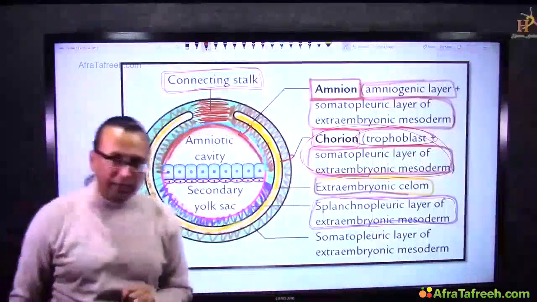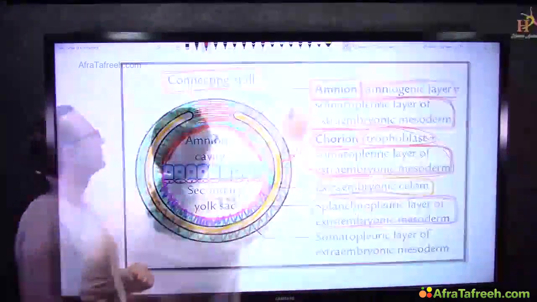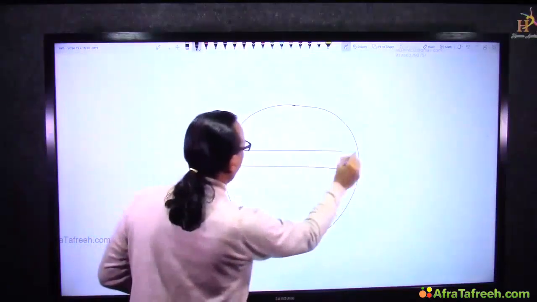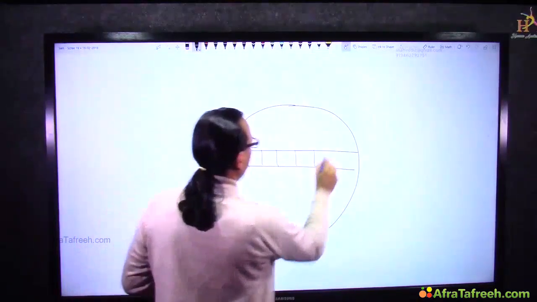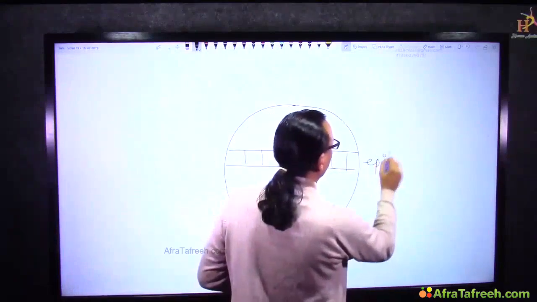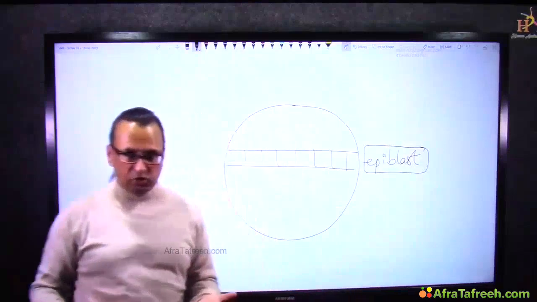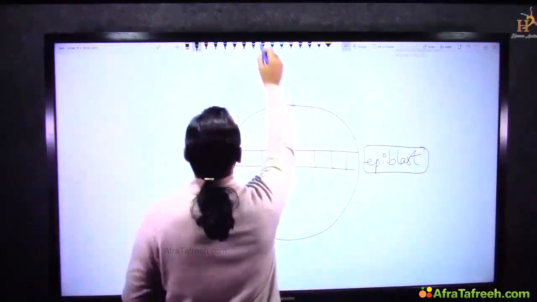Let's draw the same diagram now ourselves. This is the embryo having a dorsal columnar cell layer, which is the epiblast, and ventral is cuboidal hypoblast.